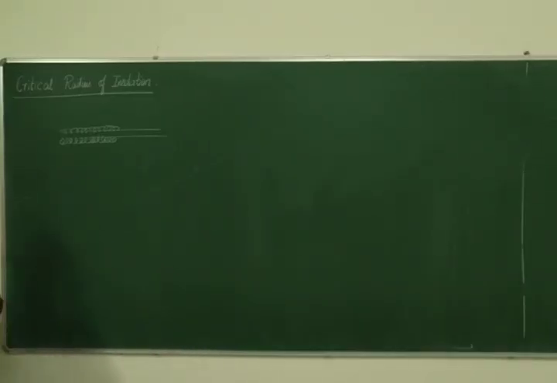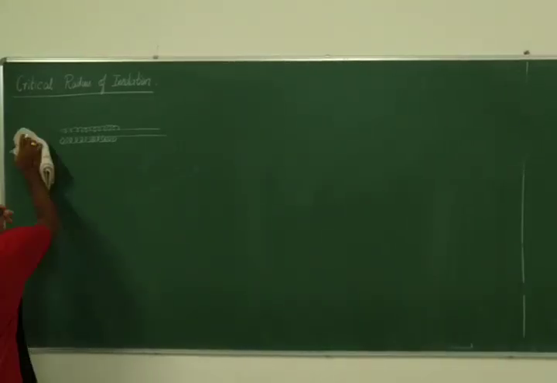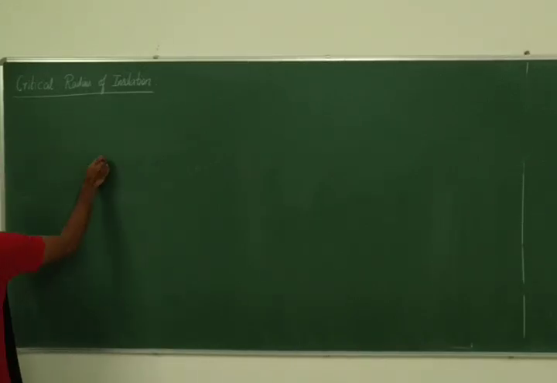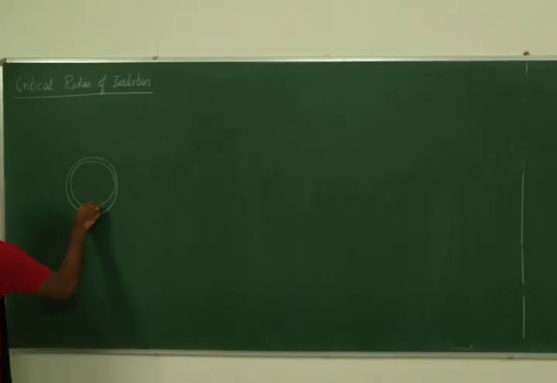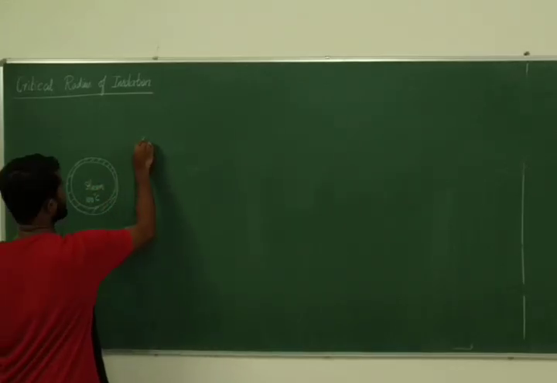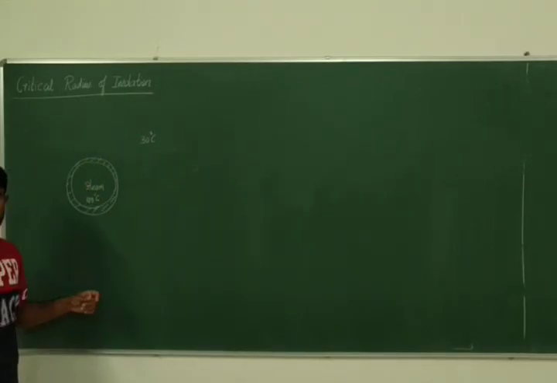So what is the idea of insulation? If you have a pipe, say we assume it carries a hot fluid. This is a pipe, say a steel or metal pipe, which carries steam at 100 degrees Celsius, and the ambient is at 20 degrees Celsius.